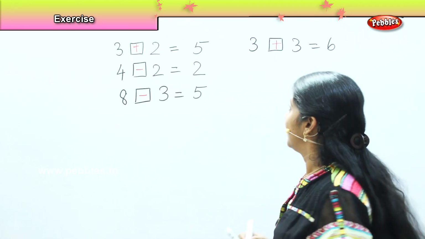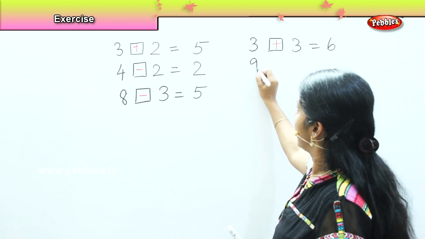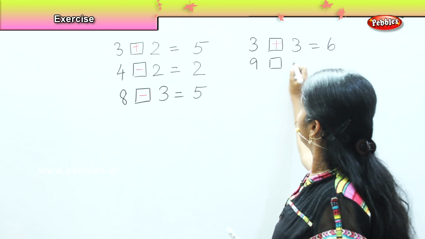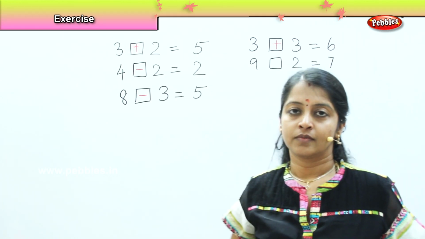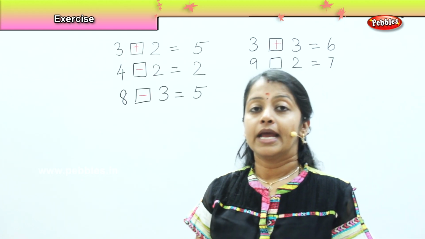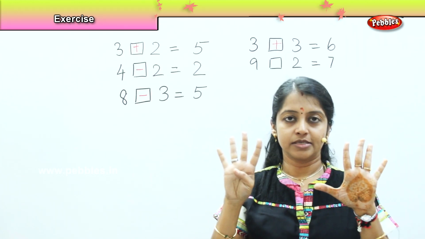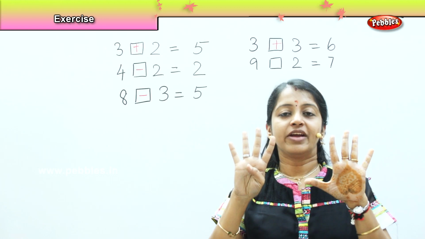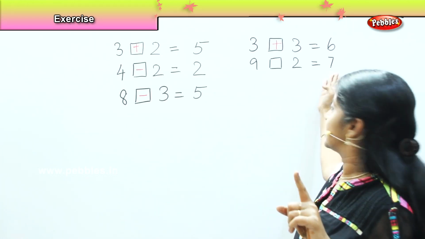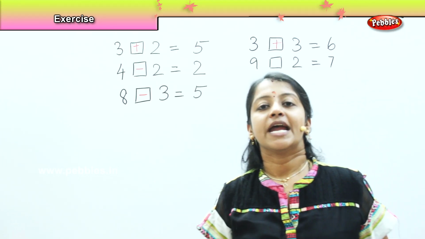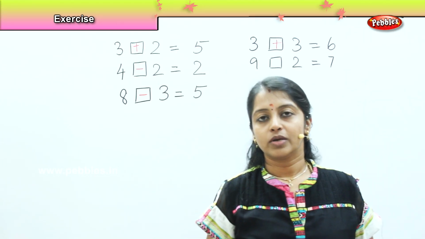Okay. Coming to the next one, 9, 2, 7. I will have 9 fingers in my hand. Now, if I add 2, 10, 11. What is my answer given? The answer is 7, which means addition will not work out here.